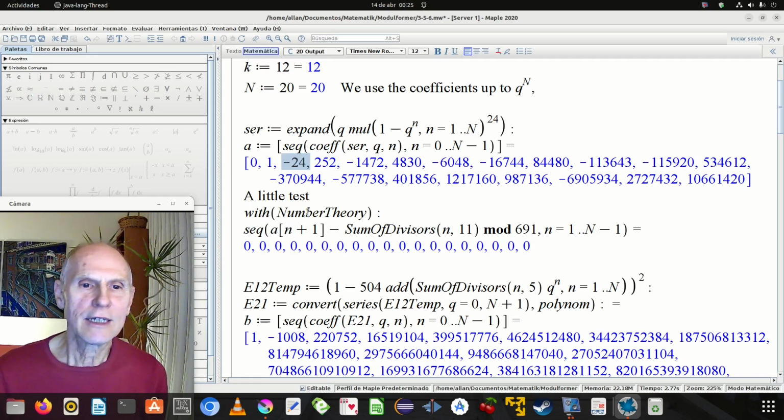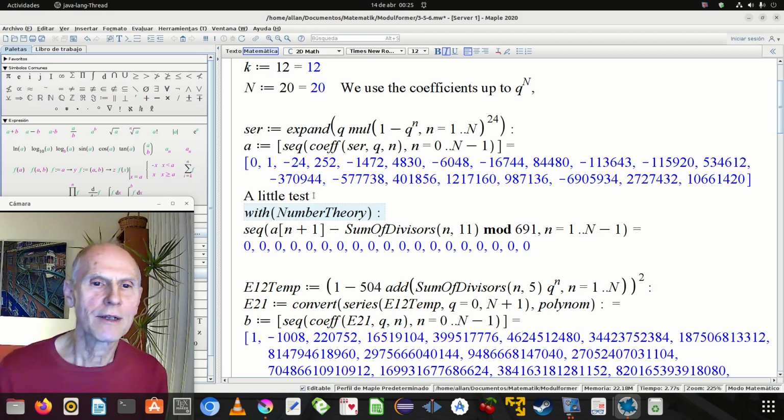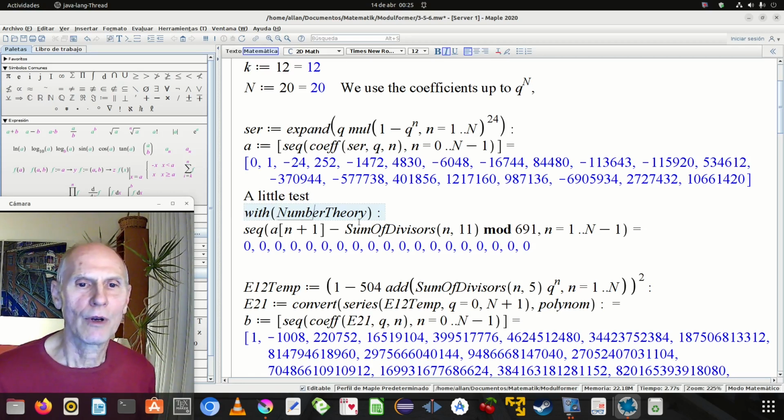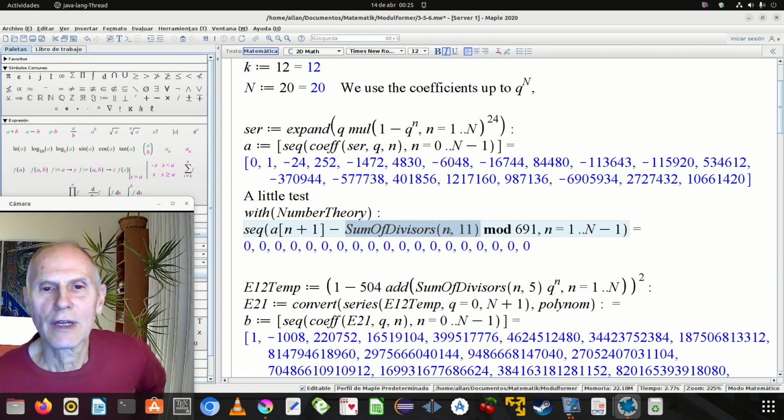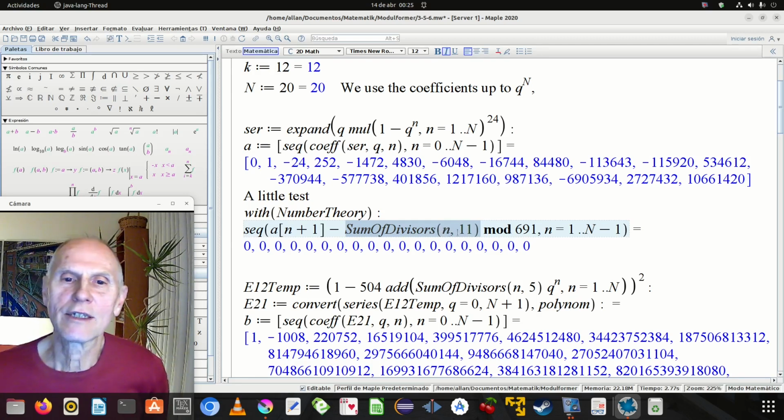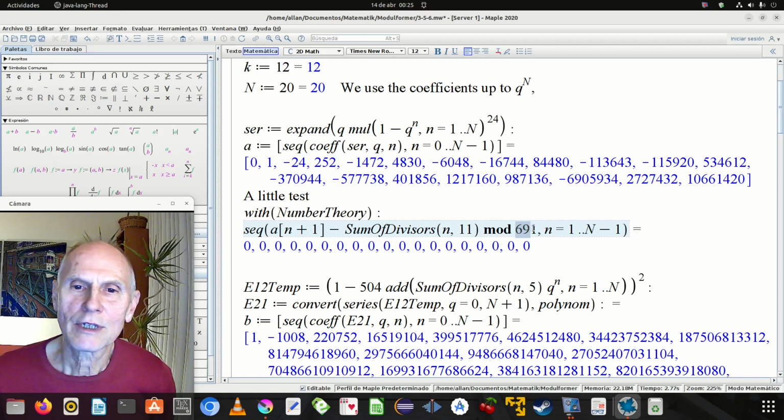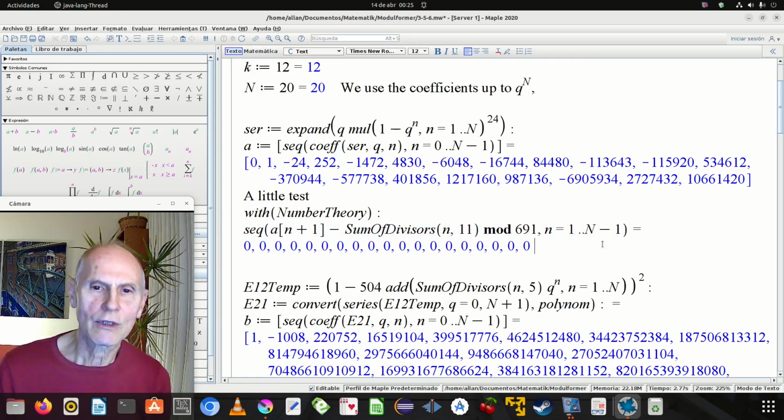And then I test that they are correct by one of the results, that tau of n minus the sum of divisors of n to the 11th vanishes modulo 691, and they do. That's a good consistency check.